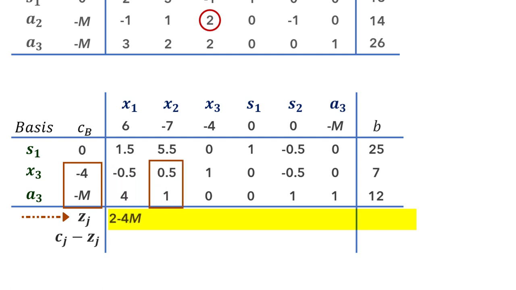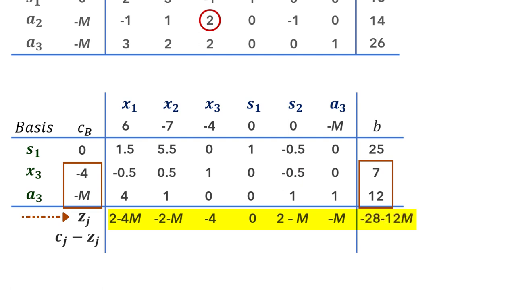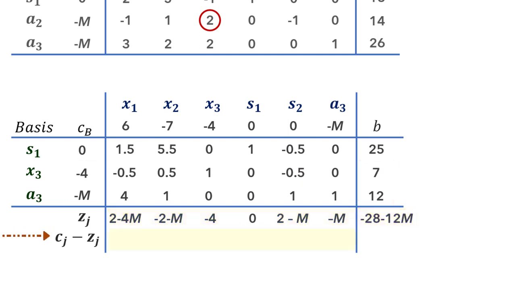Next, -4 times 0.5 plus -m times 1 gives -2 minus m. Next, we have -4, then 0, 2 minus m, and -m. For the B column, we have -28 minus 12m. For the net evaluation row, 6 minus 2 minus 4m gives 4 plus 4m.